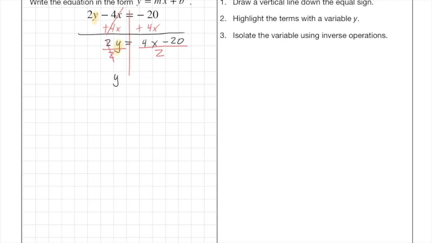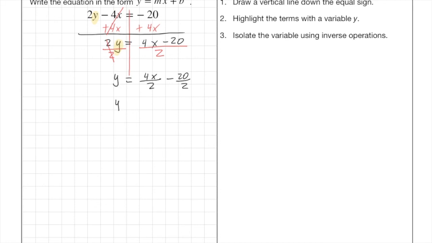Now, on the other side, that's going to look a little bit different. And I want to show you why. Whenever you're dividing a whole expression by a number, you need to make sure that you're dividing every term. So you need to divide this one by 2 and this one by 2. So I want to rewrite this as 4x divided by 2 minus 20 divided by 2.